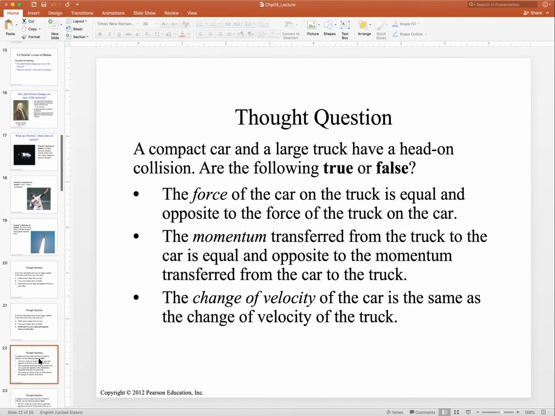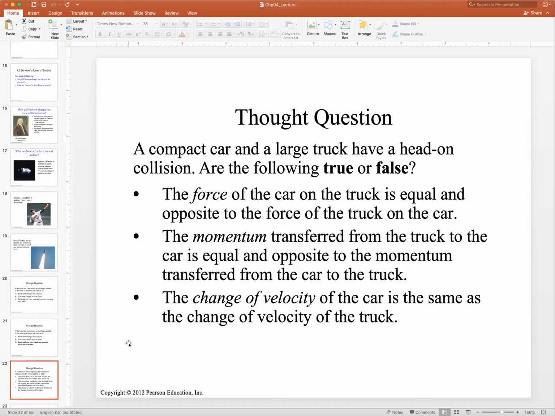True. Another thought question, and this is true and false, so we have to read all of them. So let's read the question first. A compact car and a large truck have a head-on collision. Are the following true or false? The force of a car on a truck is equal and opposite to the force of a truck on a car.